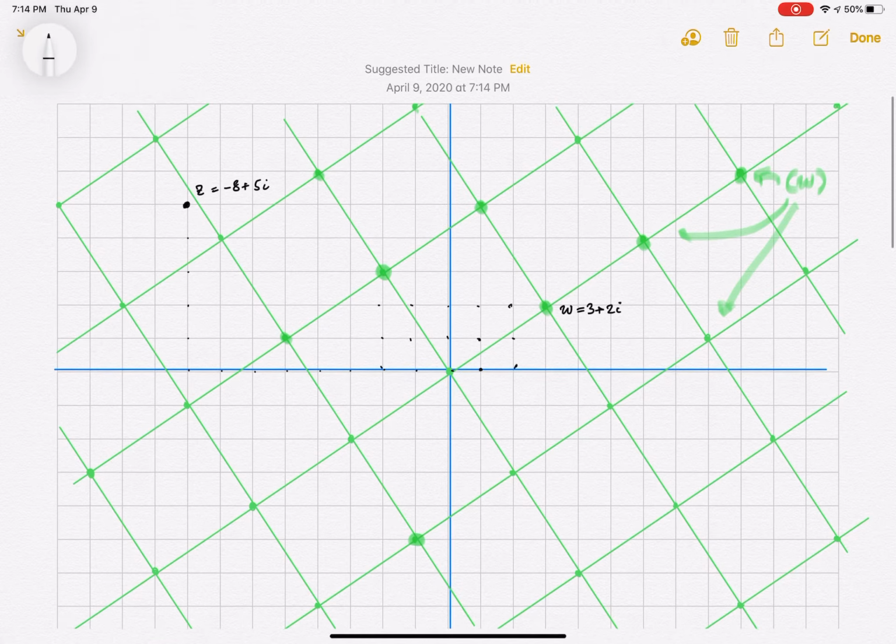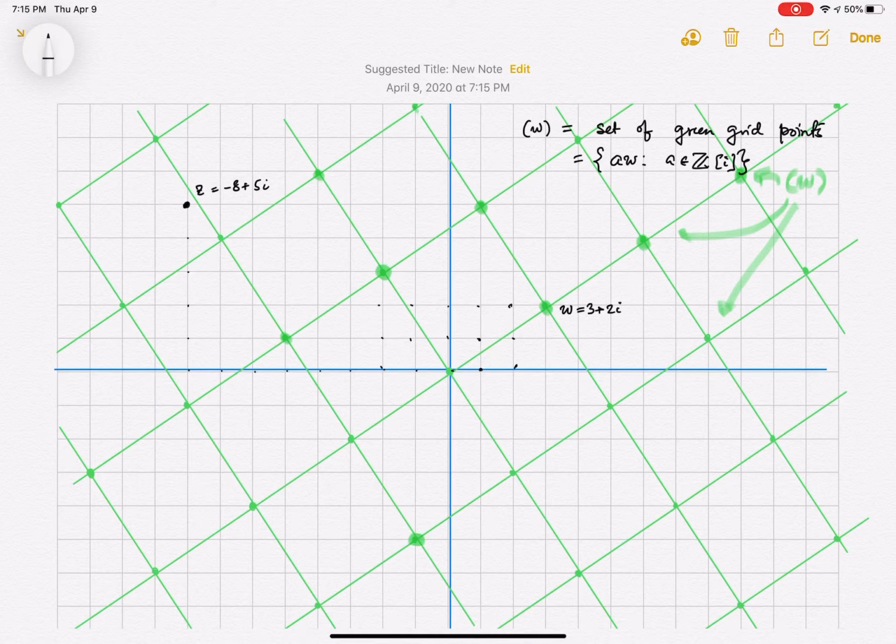So let's write that. Set of green grid points. So these are all aw, where a is in the ring. So what you need to do is find one of those green dots which is very close to z, so that the difference is smaller in magnitude than w.